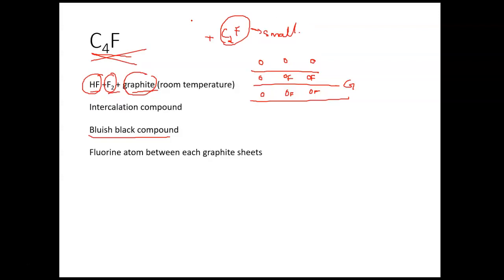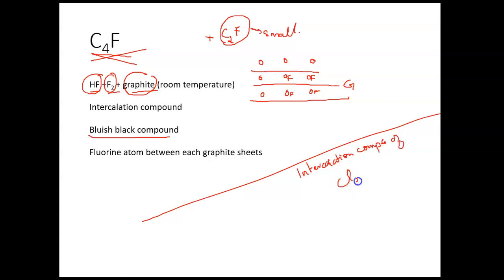And now we can have intercalation compounds of chlorine, bromine, etc. with graphite.